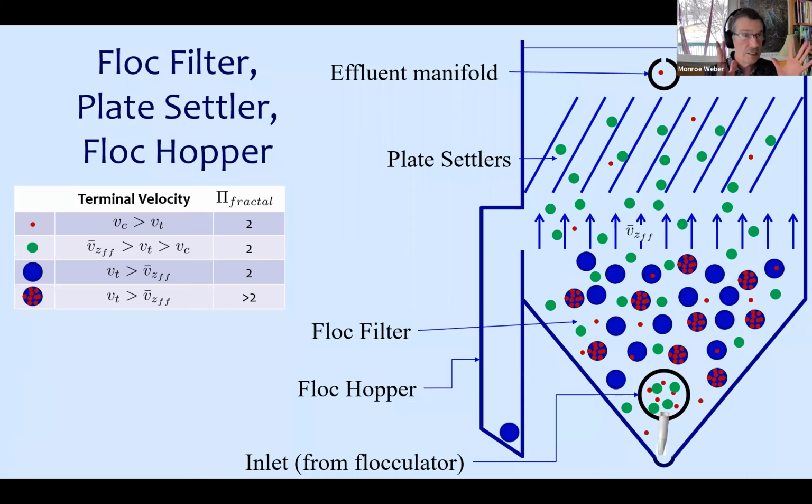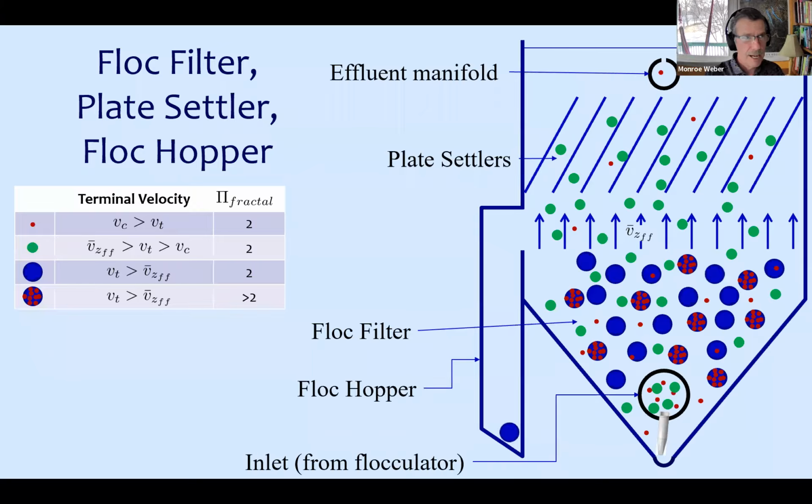In a conventional system, there's not a floc filter, so there's not this concentration of blue and blue-red flocs in the bottom of a sed tank. The blue and blue-red flocs that I have here are because of our design that keeps them in suspension. But in a conventional sedimentation tank, those don't exist. They're all just in the sludge in the bottom of the sedimentation tank. So the question then is, how do the green guys that land on the plate settlers get to the bottom?